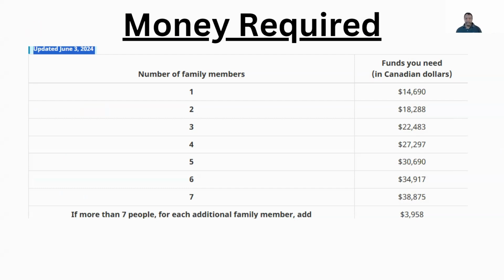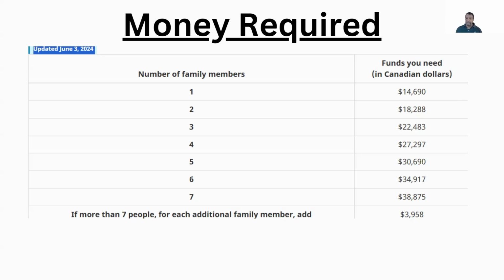So, number of family members, it goes from 1 through 7. The first family member, or one person coming, is 14,690. Two adults, 18,288. Three adults, 22,483. Four adults, 27,297. Five adults, 30,690.